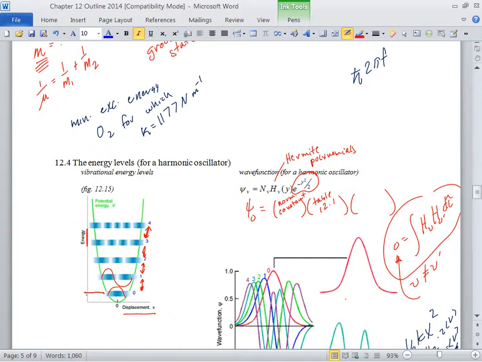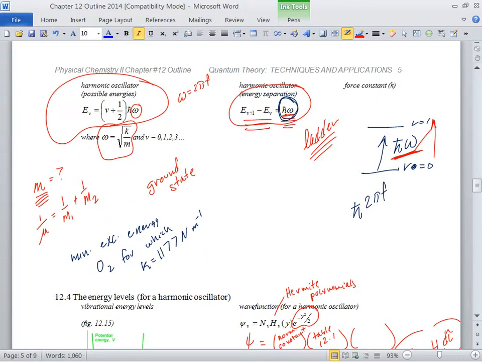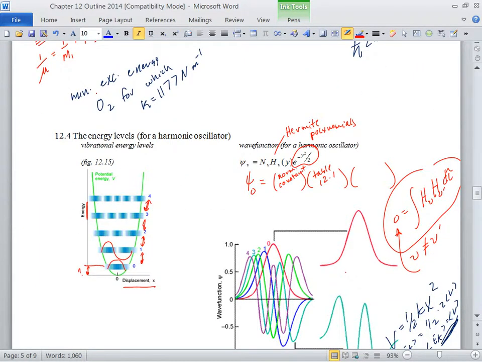What is this energy right there? What's that energy going to be? Well, it's not h bar omega. Well, it might turn out to be that, but this is the equation. This is how you get the energy at any state. Just plug in the v, and you can get the energy at that step, right? v equals 0, 1, 2, 3, 4.